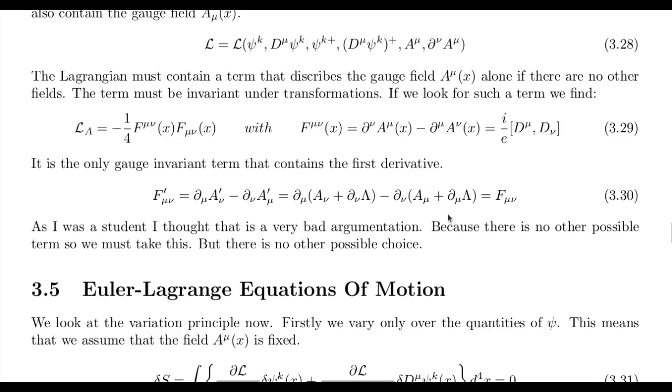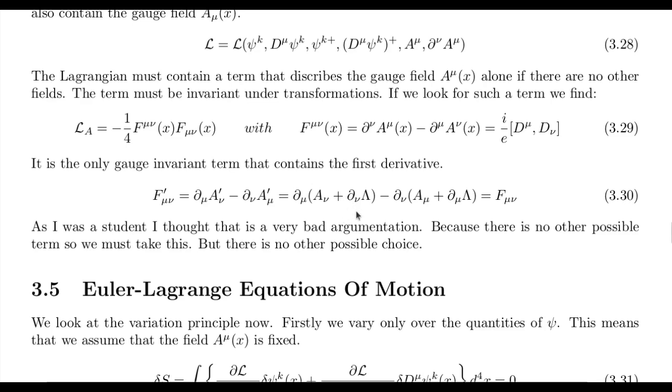And now we see here we have d nu lambda plus, here we have minus d nu lambda, so we can cancel out the lambda terms because the partial derivative is interchangeable.